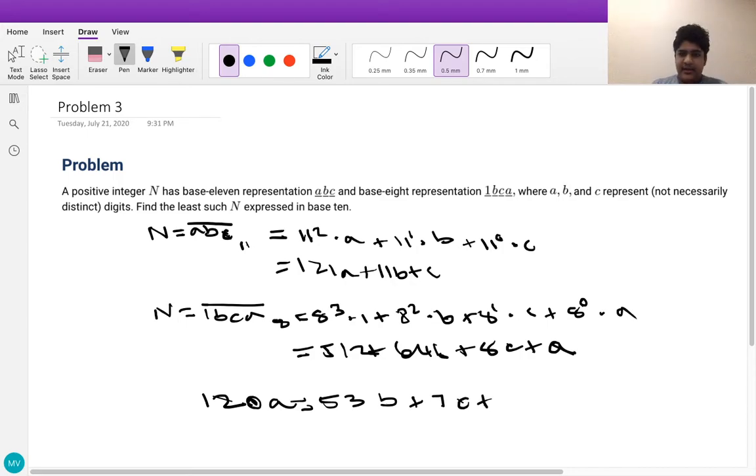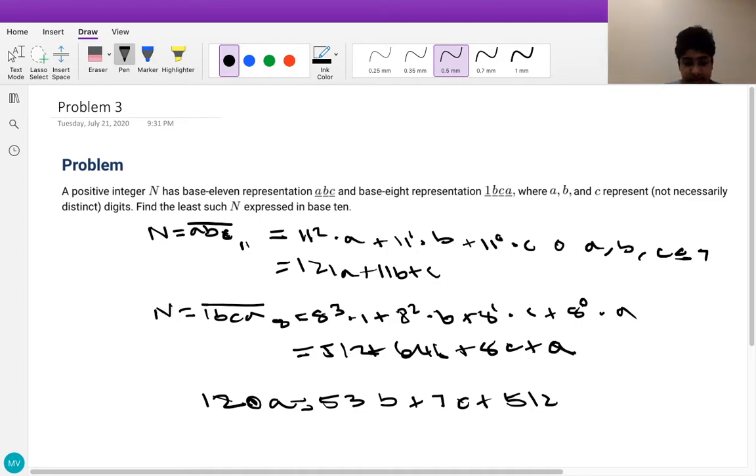And now, given that the base 8 representation of n is 1BCA, that means that A, B, and C must be less than or equal to 7. And they also must be greater than or equal to 0 since they're digits.